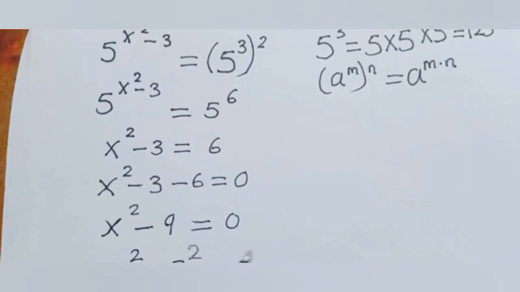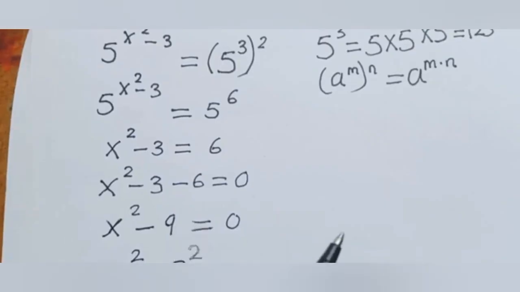This one is the difference of two squares. We have x squared minus 3 squared.